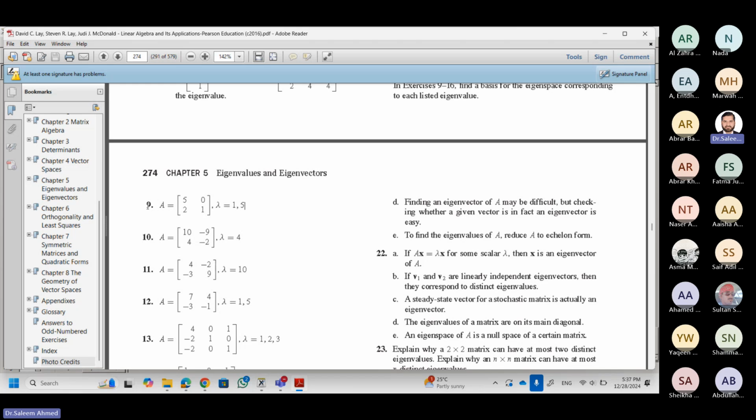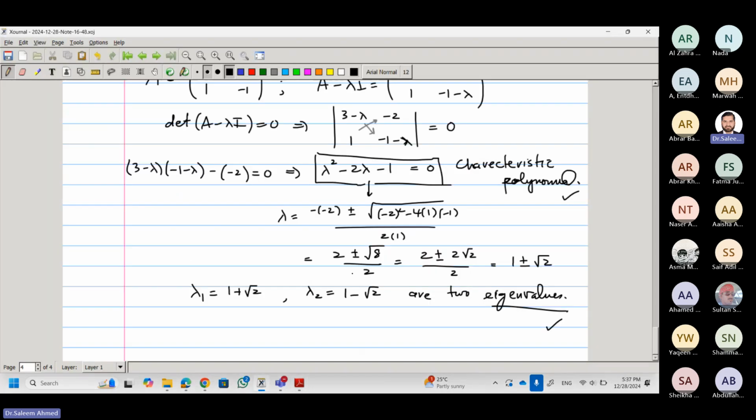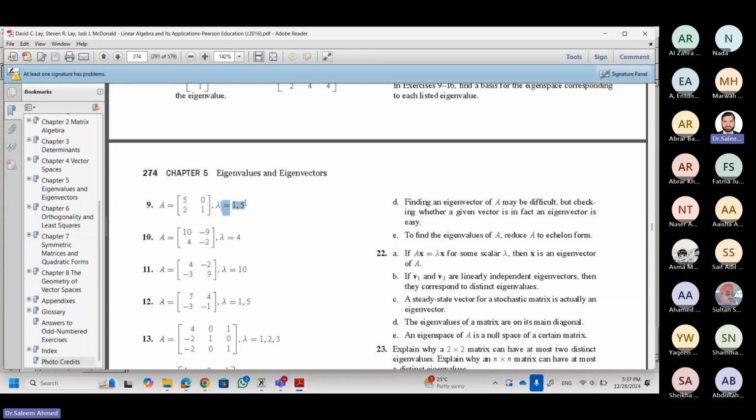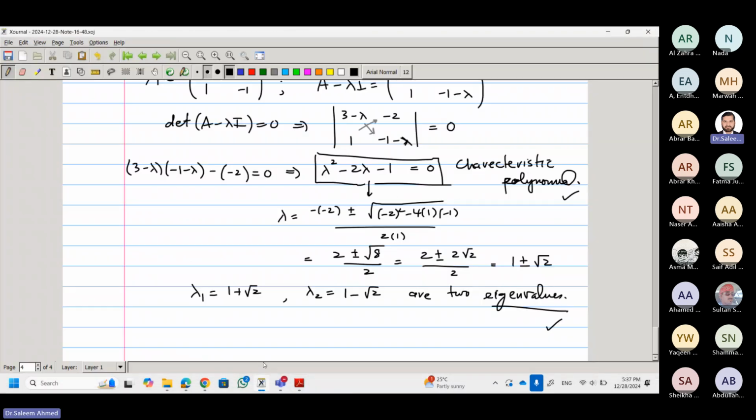If you know the eigenvalues, let's say 5.1 number 9, I can continue with this example, but these eigenvalues are not very good. 1 plus square root of 2, 1 minus square root of 2, it will become a little difficult. It's easy to find eigenvectors if your eigenvalues are whole numbers. So I will also give you something with whole numbers, not with 1 plus minus square root of 2. So the ninth problem in 5.1.